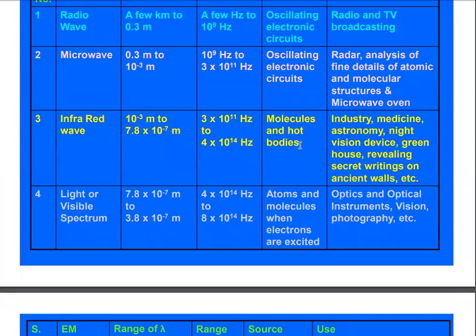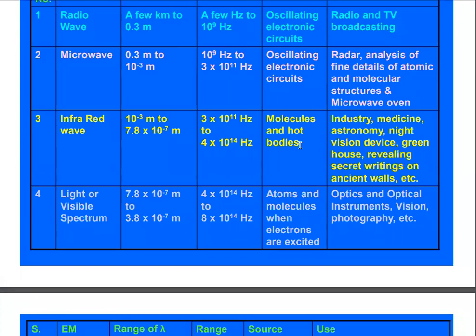So this component of electromagnetic spectrum is responsible for keeping our earth hot and warm. If this component was missing in the solar radiation, earth would have been a frozen planet and life could not survive here. So you must give the credit to this component of solar radiation which helps the life on this planet.